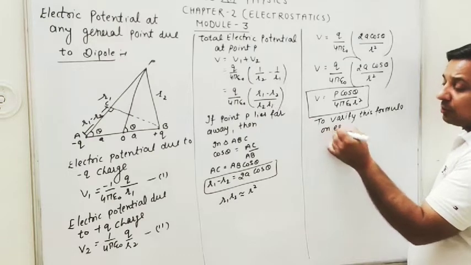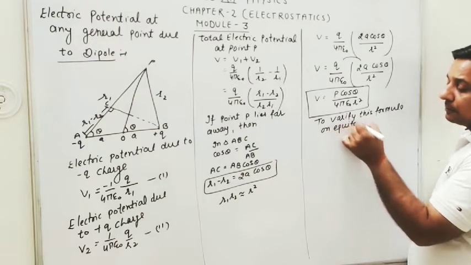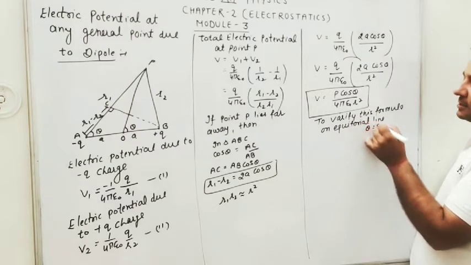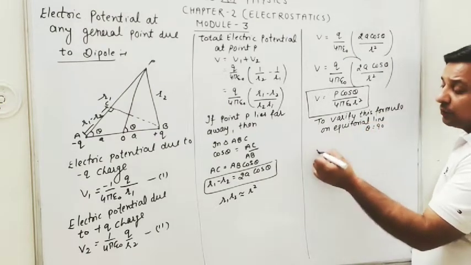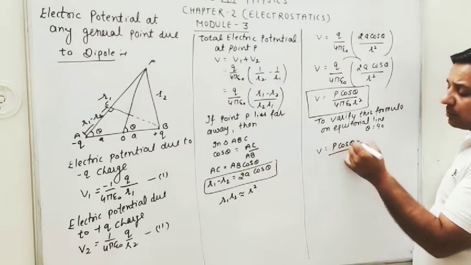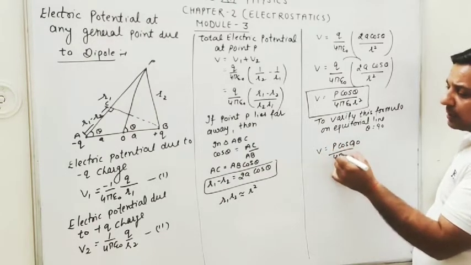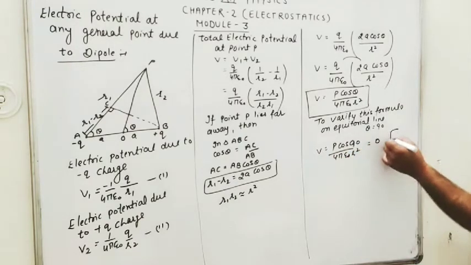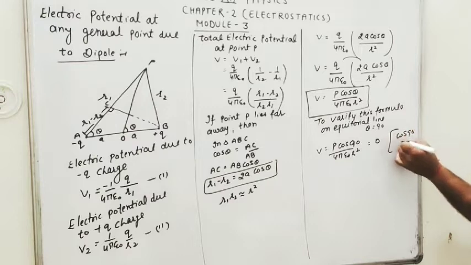On the equatorial line, theta is 90 degrees, so V is equal to P cos 90 upon 4 pi epsilon naught r square, that is 0, as cos 90 is 0.